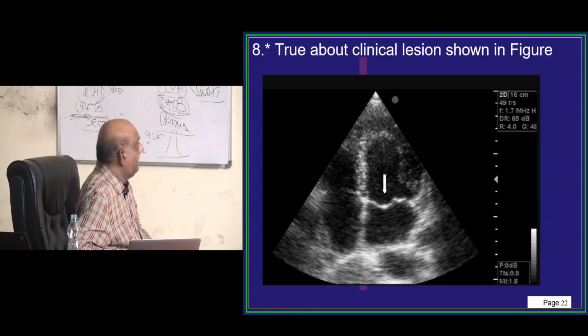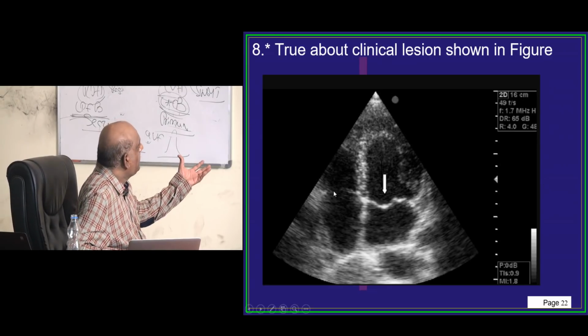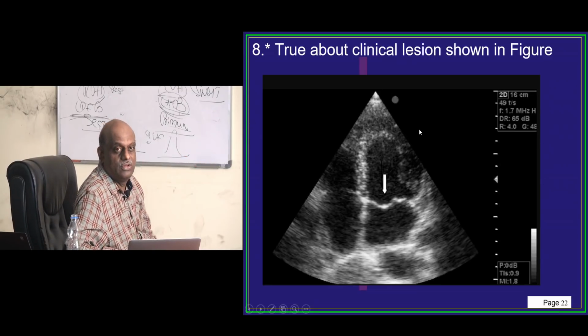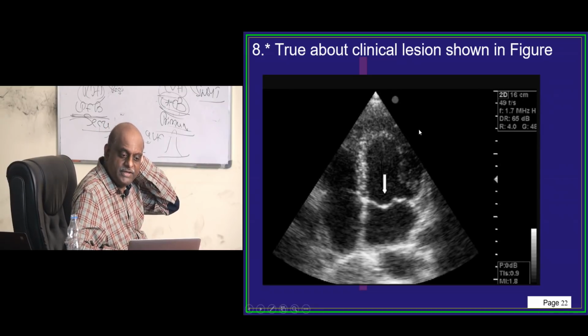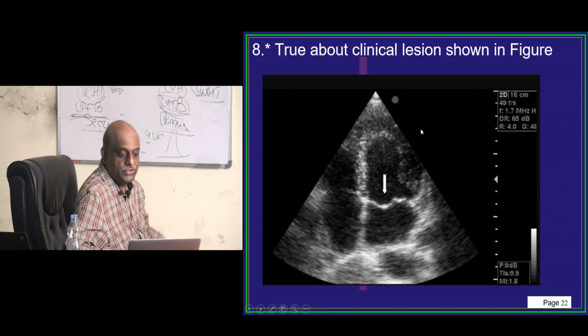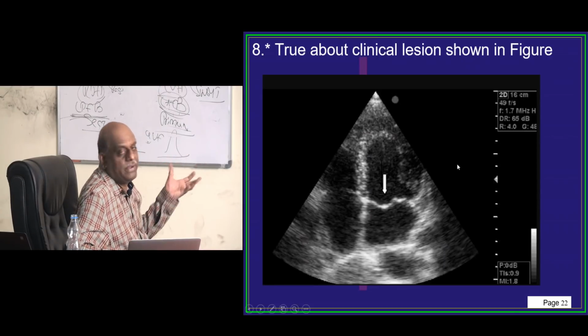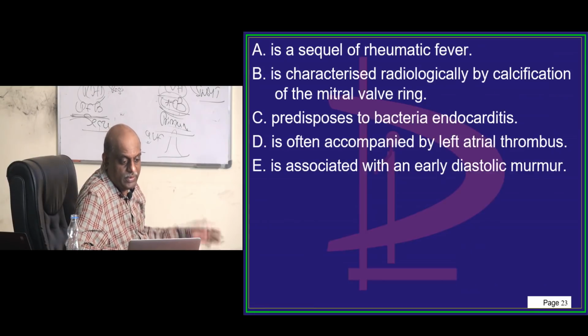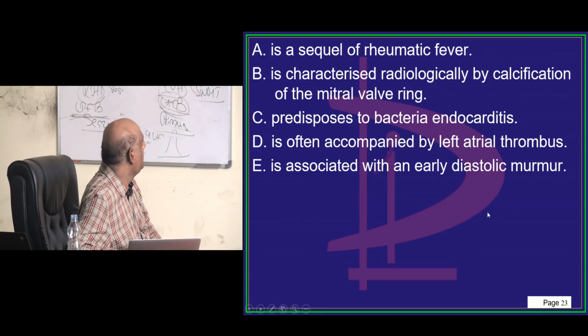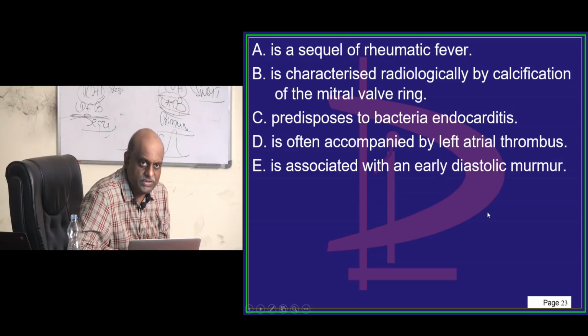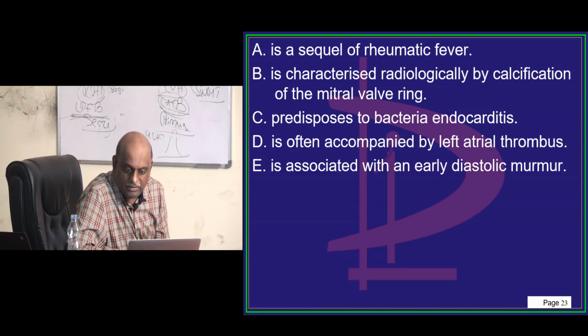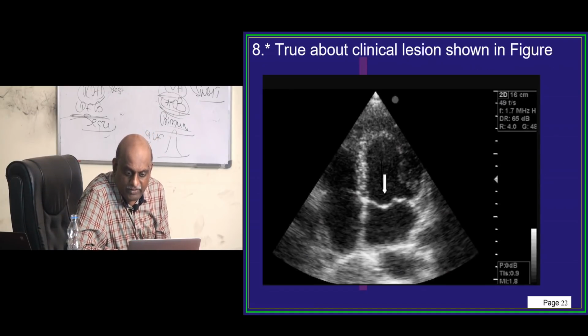So this 2D echo, you are seeing a valvular condition, right? Now the question is, what is a true statement about this particular condition, this 4-chamber view that you are seeing, doctor? One loud answer. Very good.